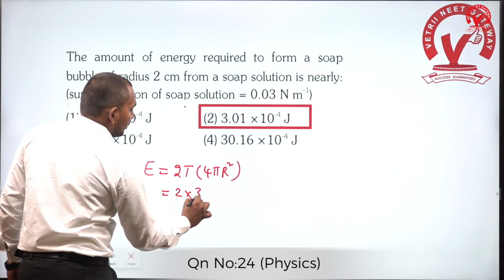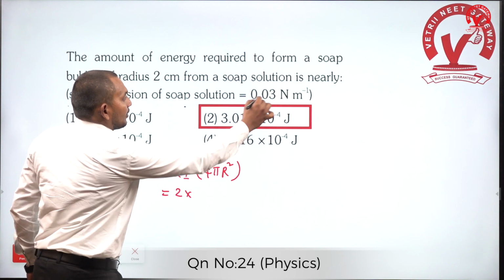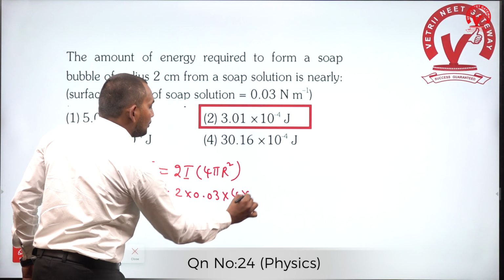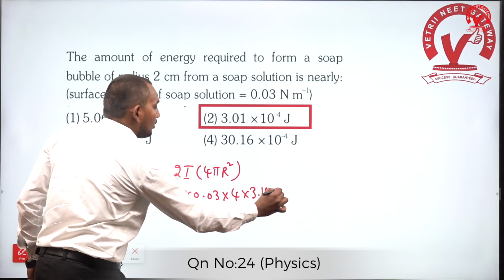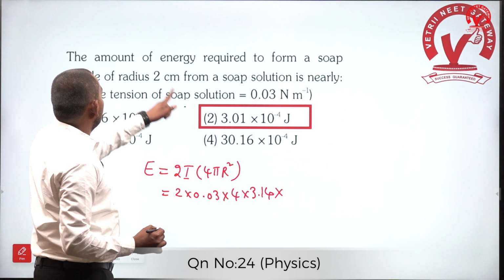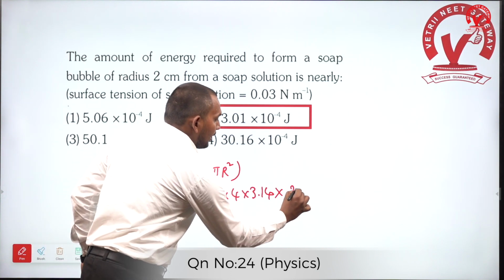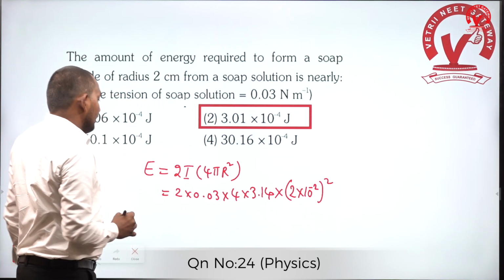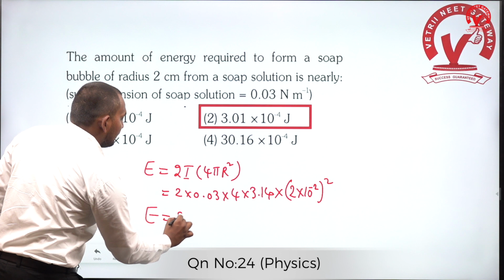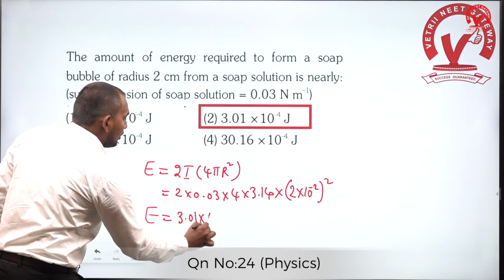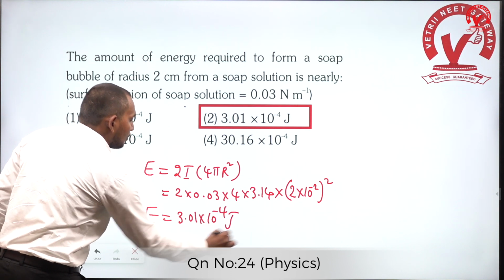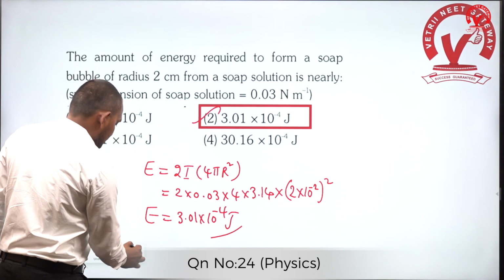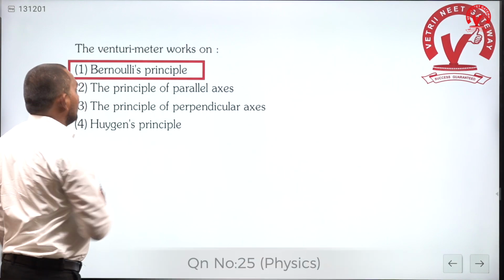So 2 into T value, the tension, 0.03 into 4 into pi value is 3.14 into radius, here 2 centimeters is given, you can change to meters, 10 power minus 2 whole square. Then we can calculate, we will get 3.01 into 10 power minus 4 joules. So the second option is correct. So we'll move to the next one.